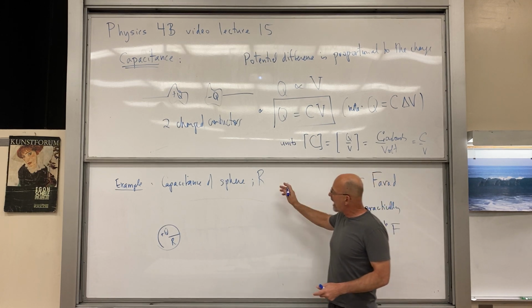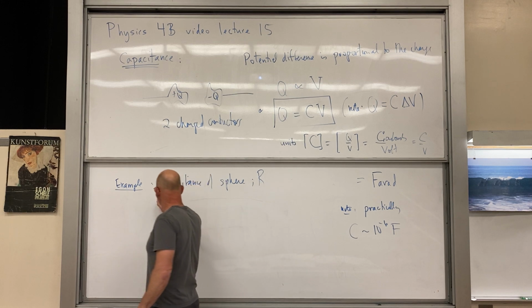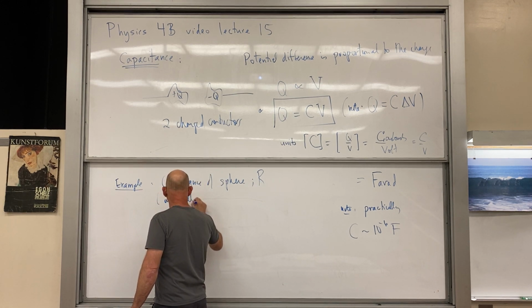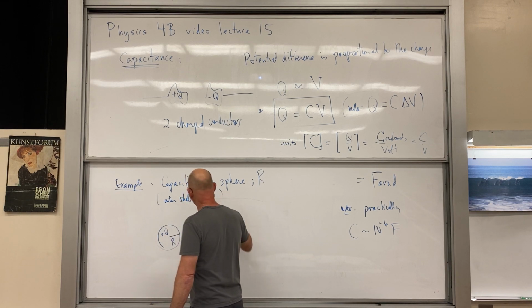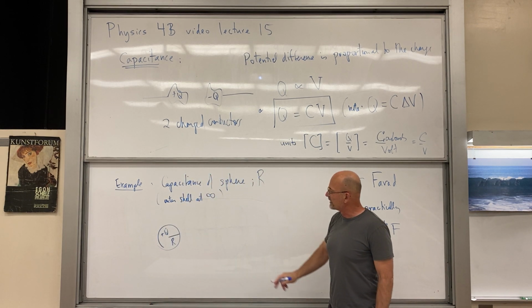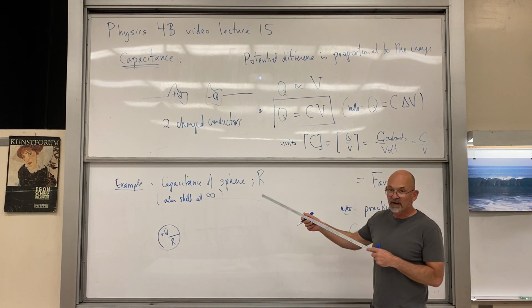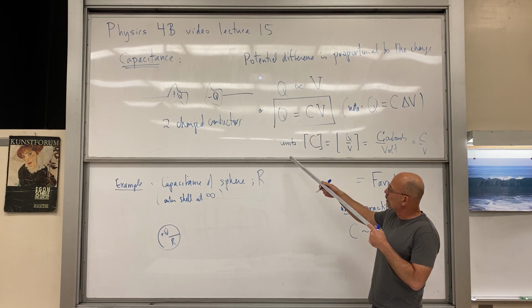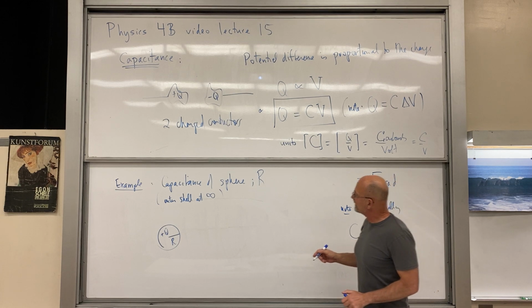Okay. So the outer shell is at infinity. Okay, that's why it's not there. But the capacitance, this is the easiest one to determine. So we'll start with that.